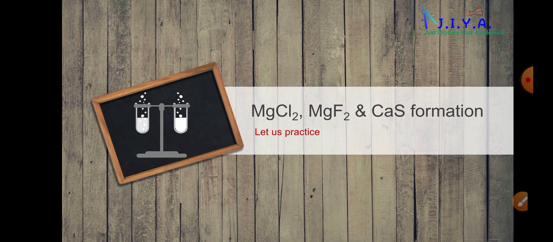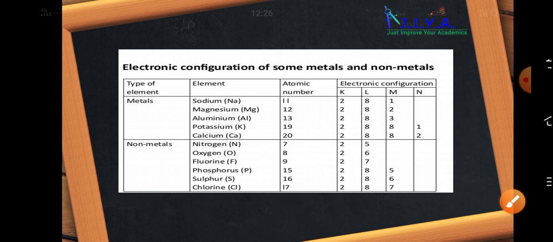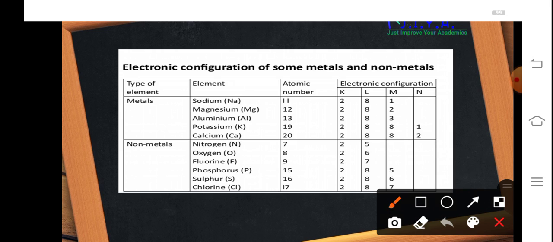For example, if we need to form a bond between magnesium and chlorine, then we need to check the valency of magnesium and chlorine. Magnesium, being a metal, has two valence electrons in the outermost shell. Chlorine has 7 valence electrons in its valence shell.